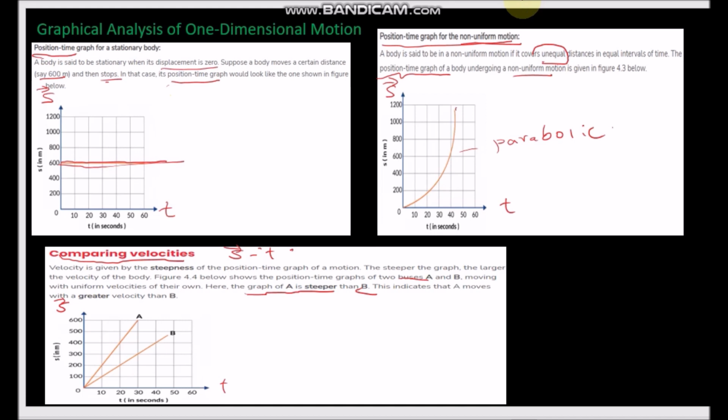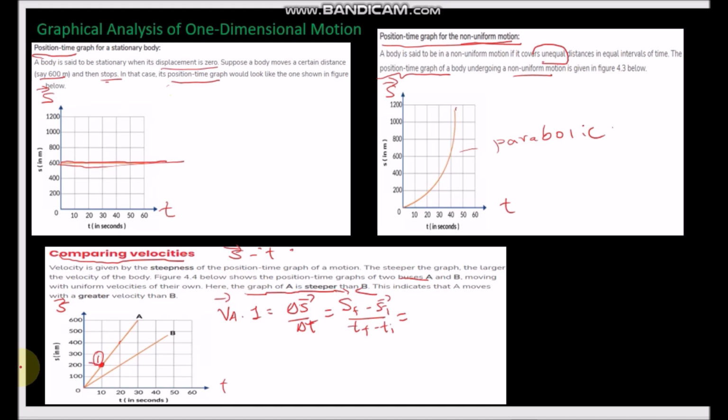For example, the velocity of A at any point, let's say at point 1, is the change in displacement over the change in time, which is given by the change, that means S final minus S initial, displacement final minus displacement initial, over T final minus T initial.